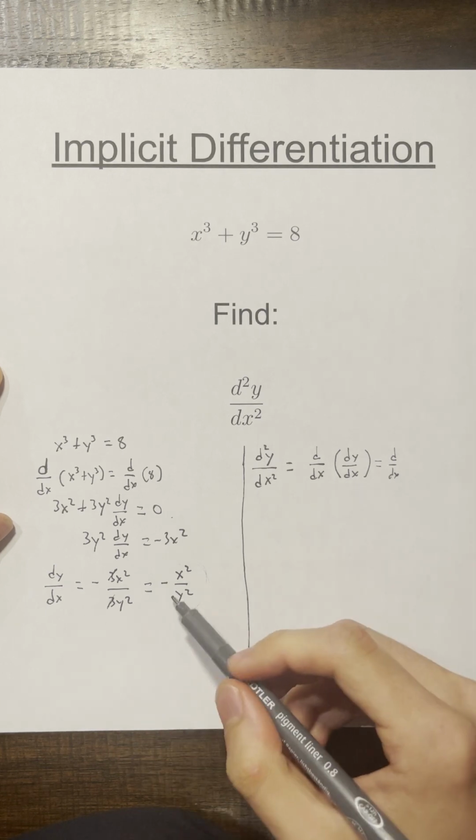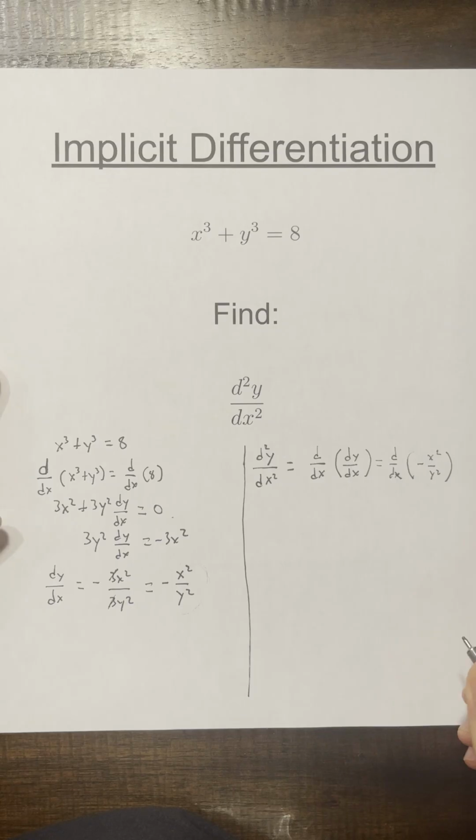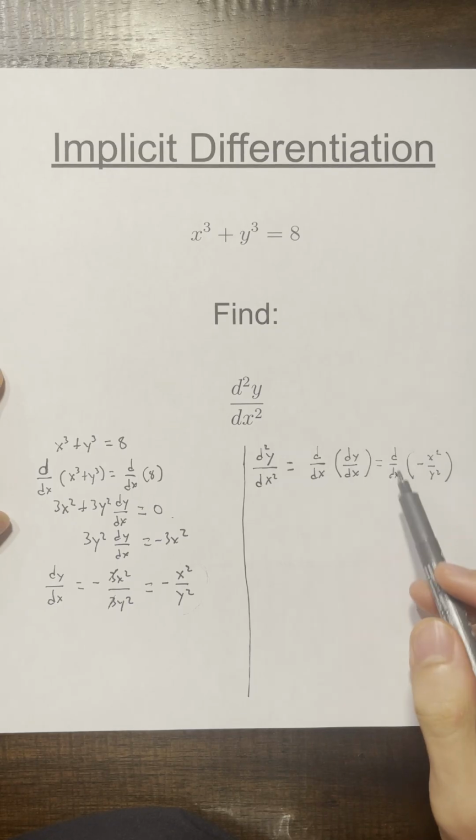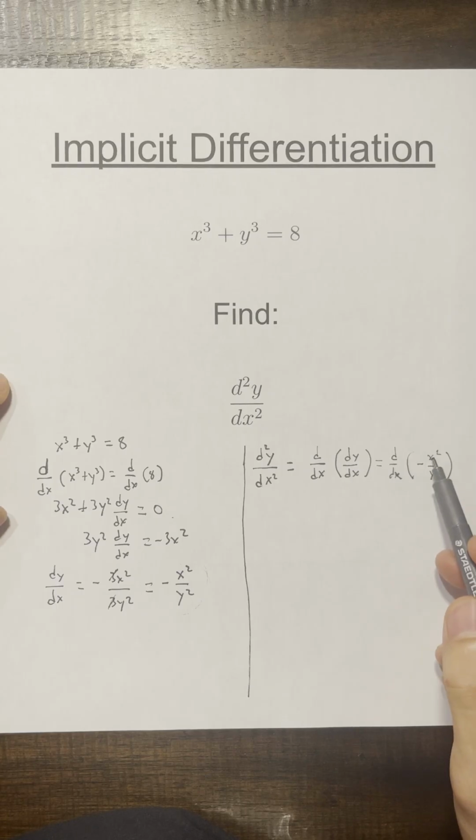So dy dx is negative x squared over y squared. Okay, so how do I find d dx of this? What rule can I use? So we've got negative x squared divided by y squared. If there's division, what rule do we use? Quotient rule.